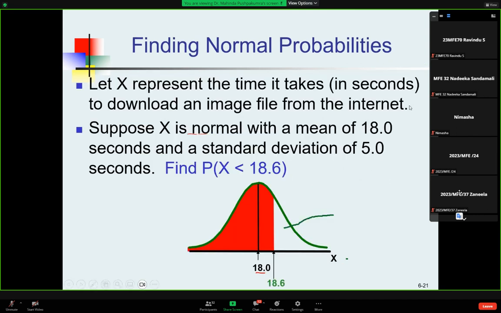The question is, the variable X represents the time it takes to download a file from the internet. If I ask you to download the PowerPoint presentation I uploaded into the chat box, you can count the time it takes to download.